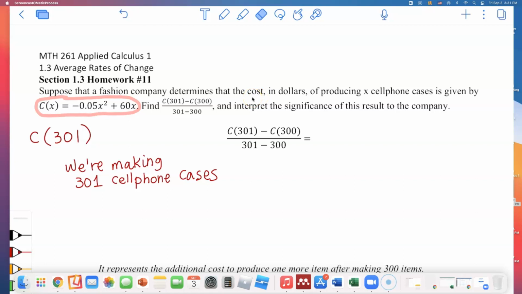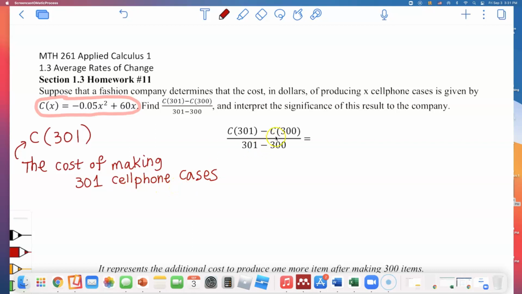So C of 301 is the cost of making 301 cell phone cases.